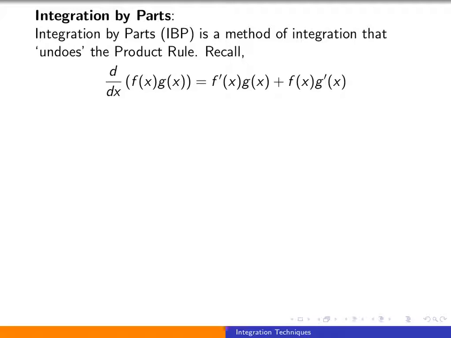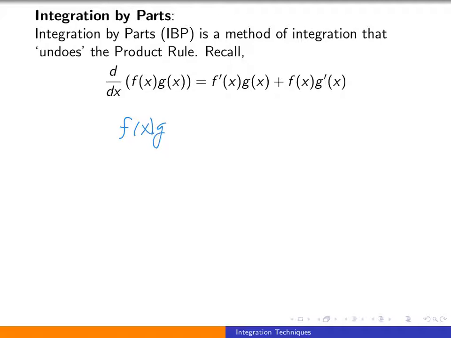It tells us if we differentiate this product, f times g, we get the derivative of the first times the second plus the first times the derivative of the second. And now that we have this product rule written out, what I would like to do is just integrate, or anti-differentiate, each term. And keep in mind that when you anti-differentiate a derivative, you just get that function back.